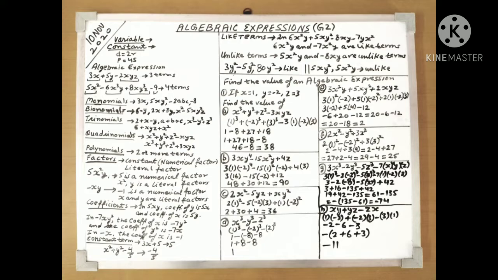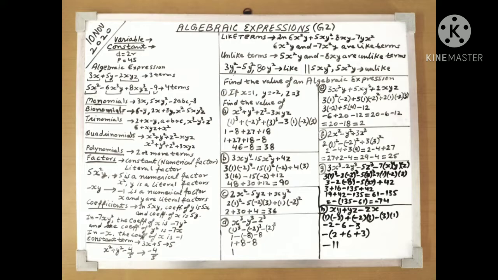Next we have quadrinomials. These are the expressions which have four terms, right? x square plus y square plus z square minus xyz, or x cube plus y cube plus z cube plus 3xyz. These are called quadrinomials because they have four terms.